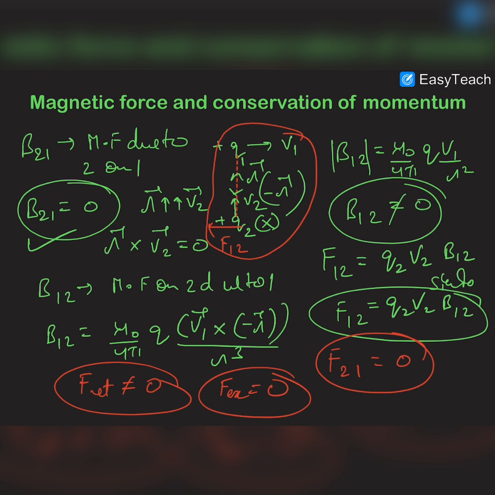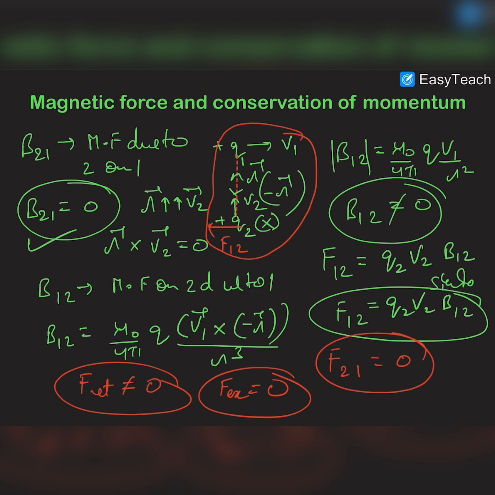In the same way, we know that these charges are creating magnetic field around them, both of them, as well as electric fields around them. Both of them are creating electric fields and magnetic fields. So they both are interacting with each other by electromagnetic force, not just electric force or just magnetic force.